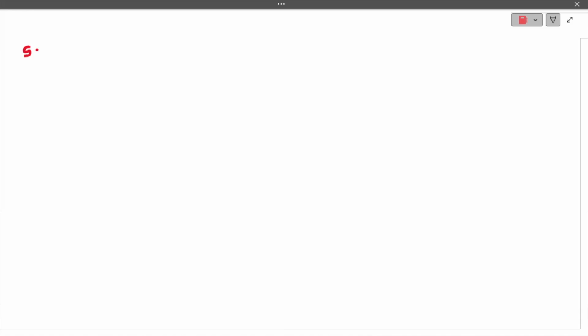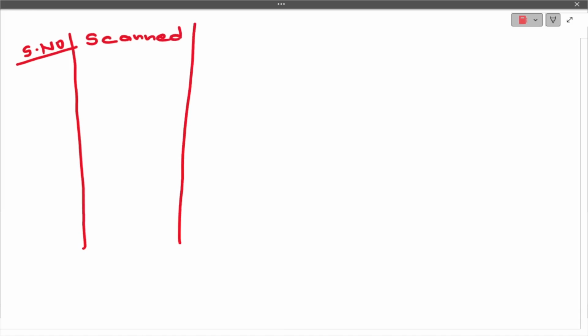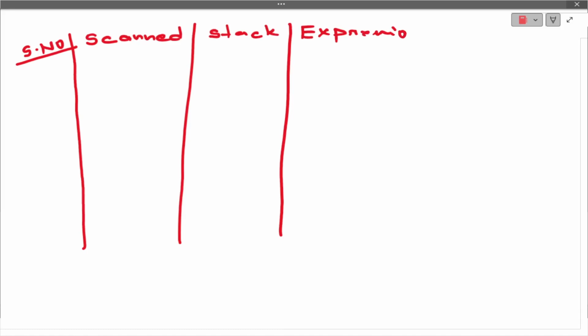First is the serial number. Second is scanned. I will explain everything to you. Third is the stack. Then another one is the expression. Did you get this?